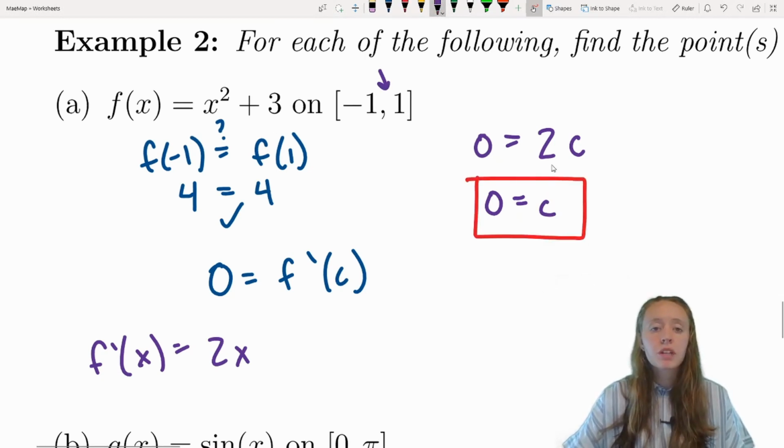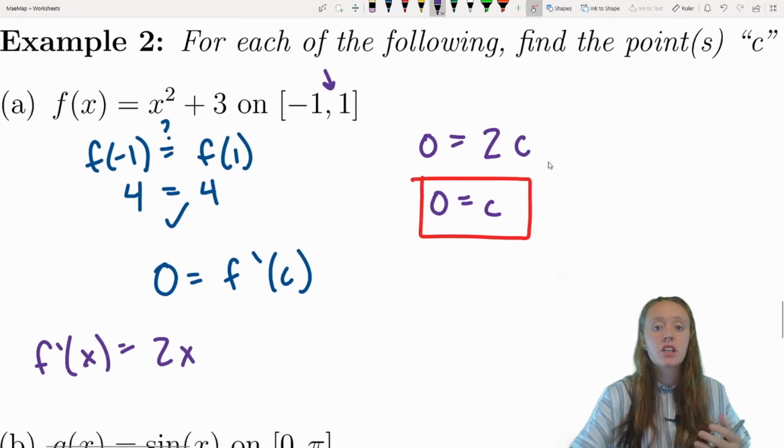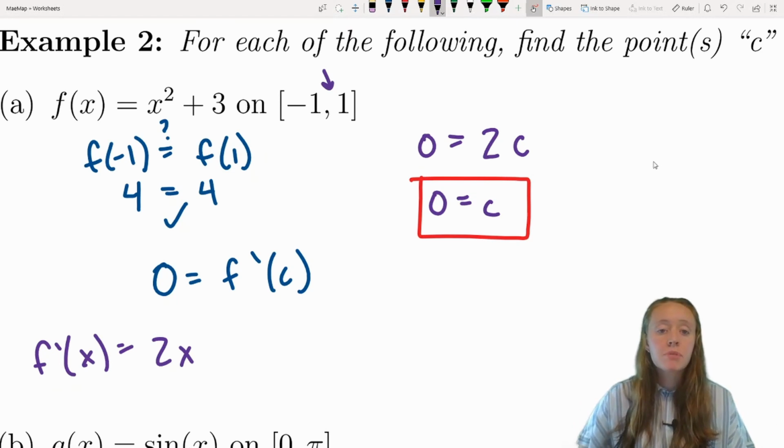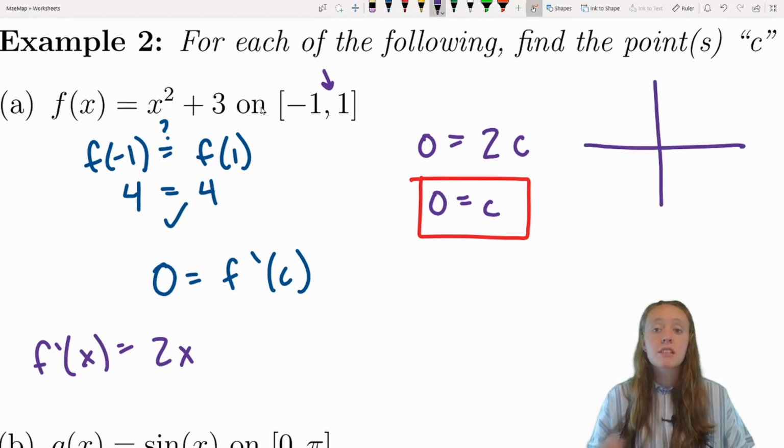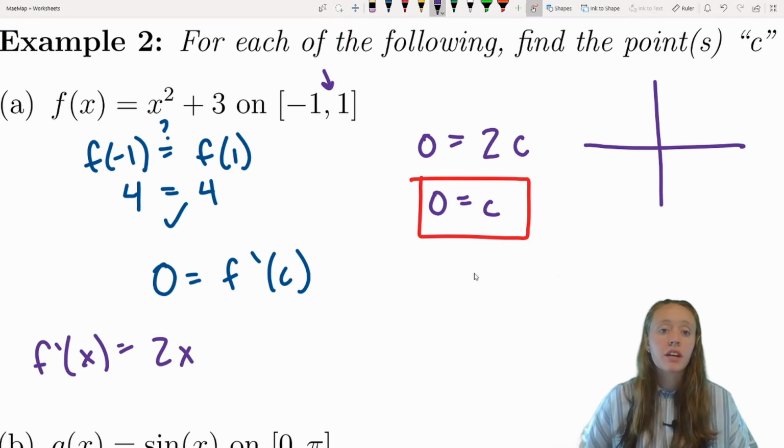If you want to visualize this really quickly, because sometimes I think it helps to have a visualization to further emphasize the concepts, I'm going to do a quick sketch of the graph. x squared plus 3 is a parabola that opens up, and it has a y-intercept of 3. So if this is 3 on the y-axis, and our parabola opens up, remember, this even function is symmetrical.